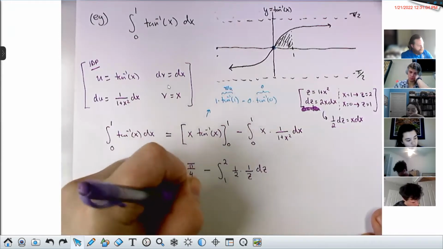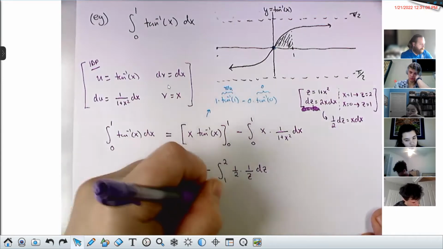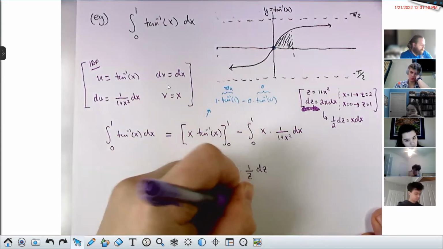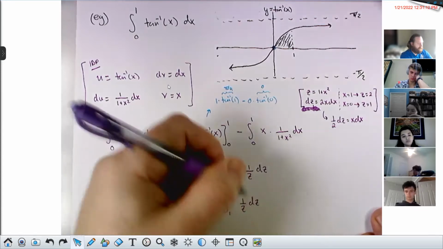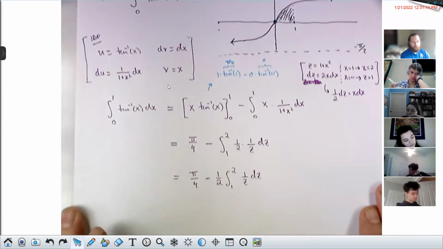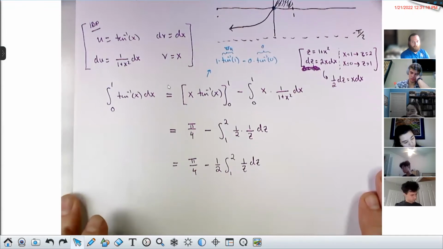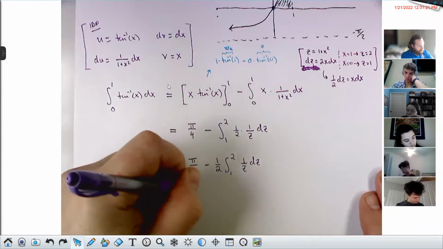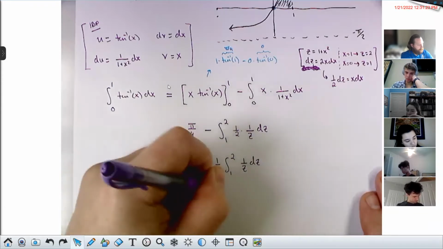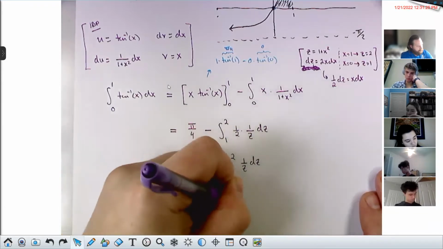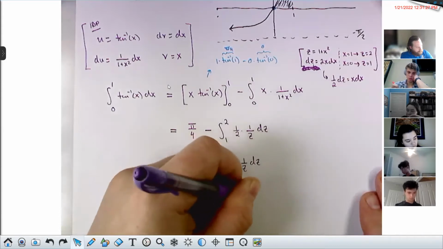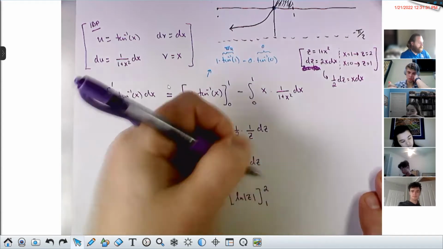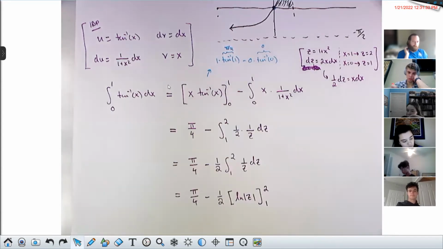So altogether I have pi over 4 minus 1/2 times the integral from 1 to 2 of 1 over z dz. Integrating 1 over z gives me the natural log of z. So this is pi over 4 minus 1/2 times the natural log of the absolute value of z evaluated from 1 to 2. We use the new bounds.